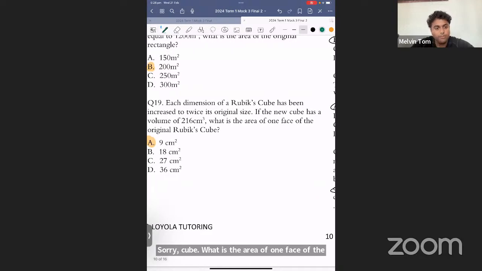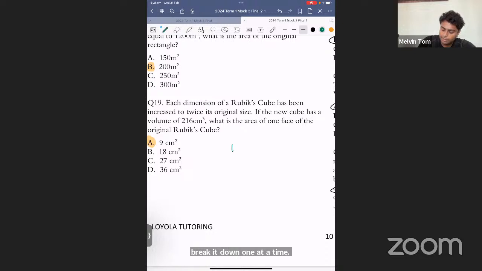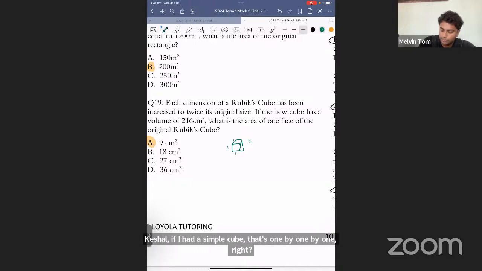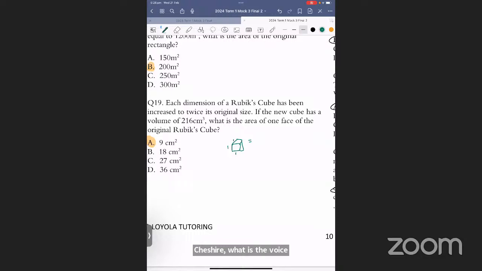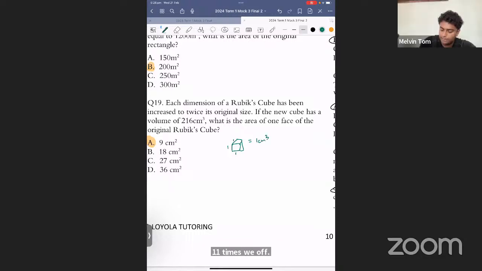All right. So again, same as the question before, let's break it down one at a time. Kushal, if I had a simple cube that's 1 by 1 by 1, what's the volume of this? 1 centimeter cubed, right? Now the question says all the dimensions have been doubled.